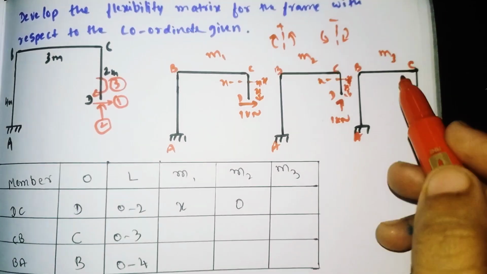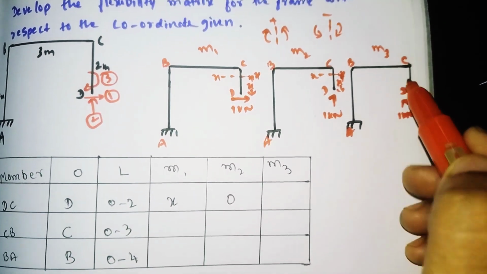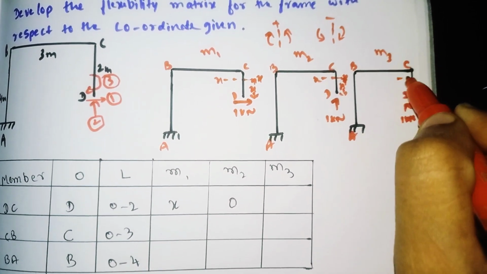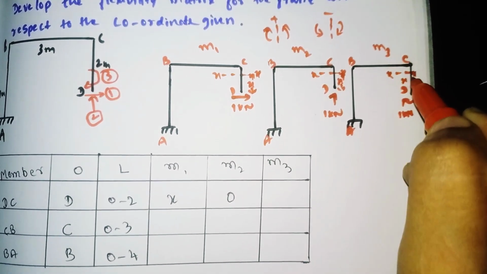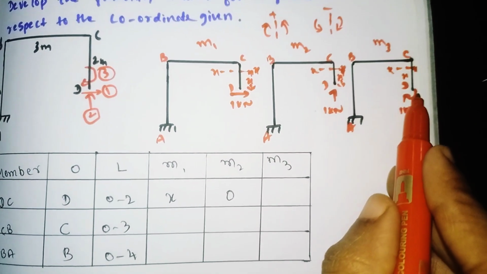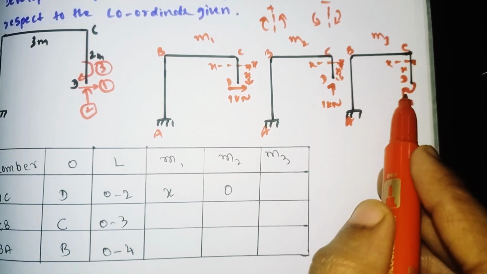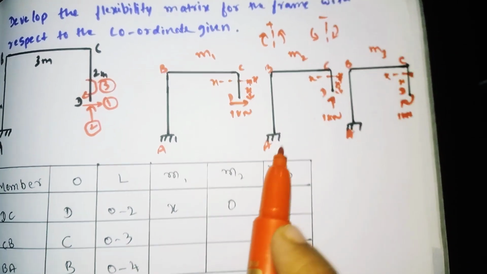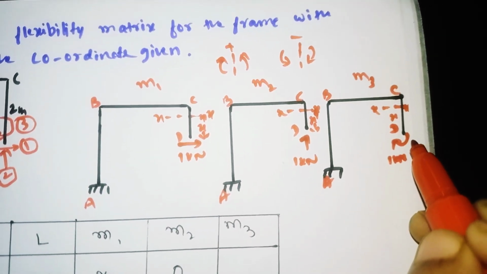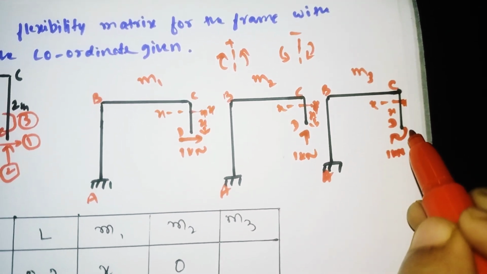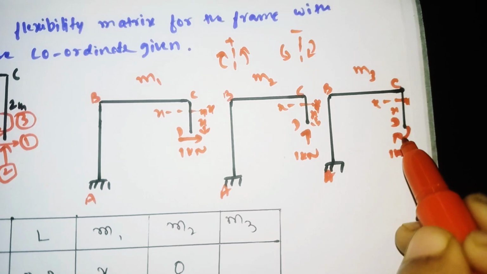Similarly for M3, for the DC member, if you cut the section at a distance of x from the origin D, it is moving clockwise, but wait, I will show. You may say for clockwise we need to take positive, but we need to see the effect on this member.